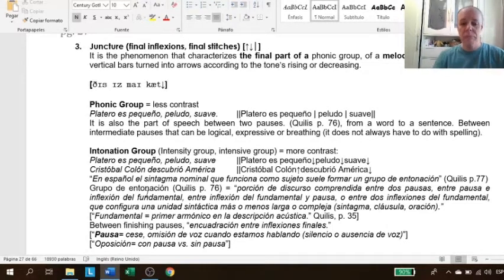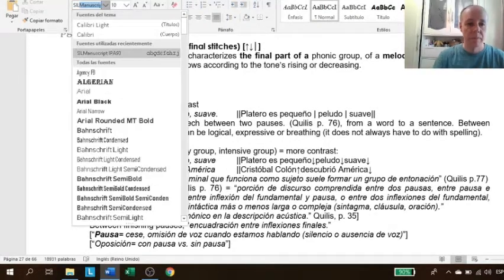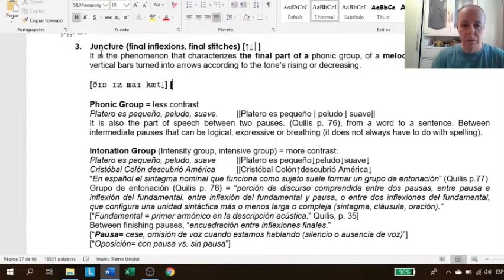Okay. Another example. I need to change the font again. Okay. He got dressed, ate a bit, and left.